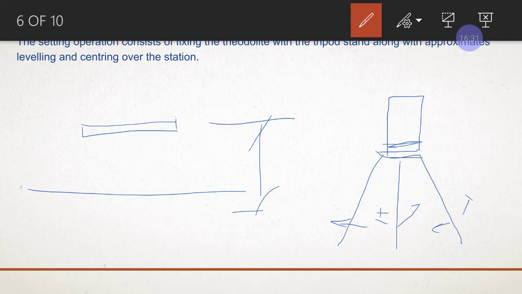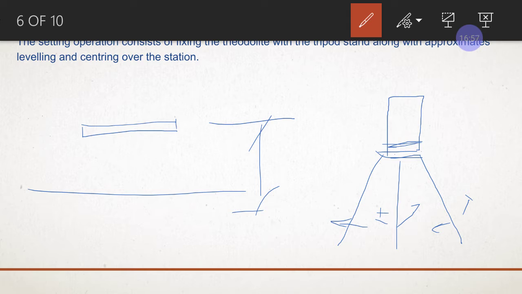That is the first thing, leveling approximately. By eye judgment you are going to level it by pushing the legs left or right so that they become level, right? First you fix the theodolite over the tripod stand, then move the legs such that they come approximately level to the ground, right?